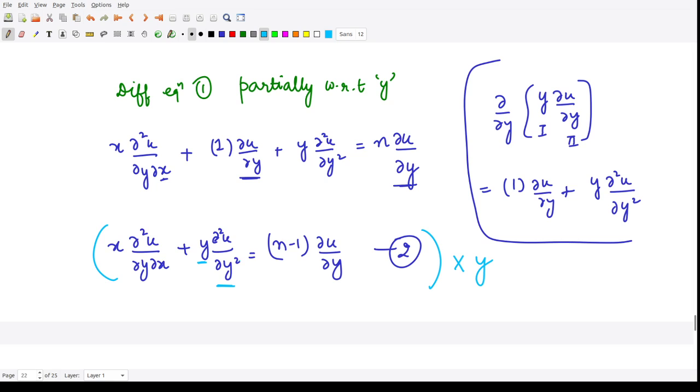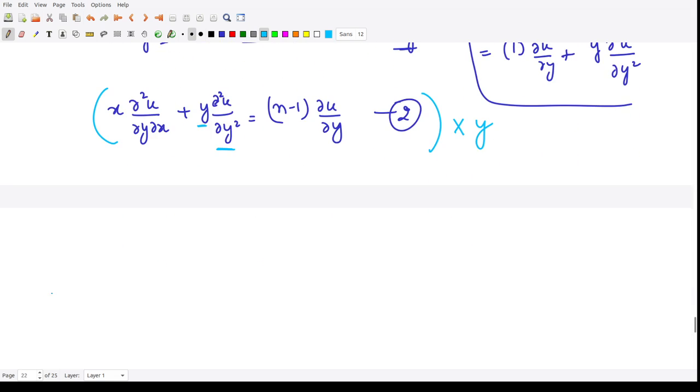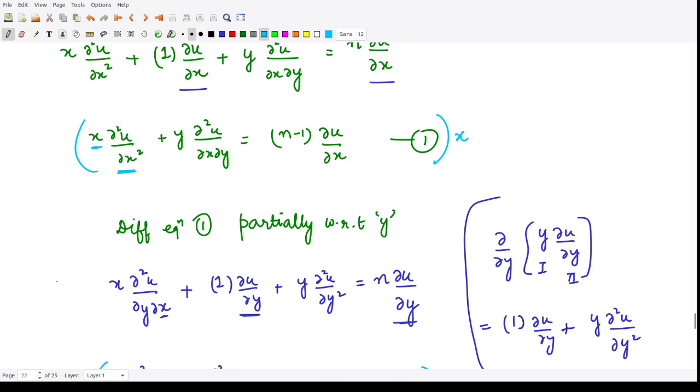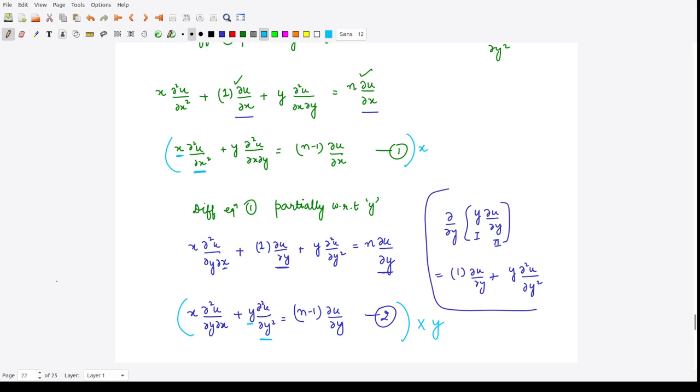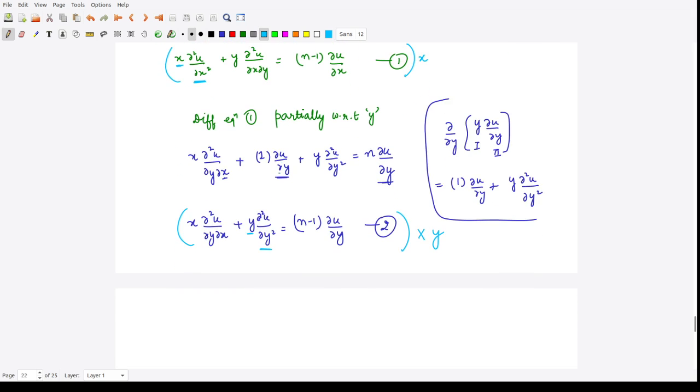So when you multiply these and add them up, what would you have? From equations 1 and 2, it would be x square del 2u by del x square plus xy del 2u by del x del y is equal to n minus 1 into x. So firstly let me write the left hand side.